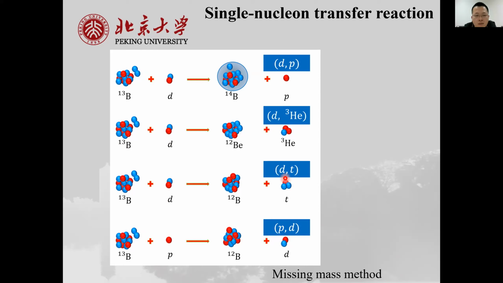This is some of the single-nucleon transfer reactions that may happen in the experiment. In the end, we chose the (p,d) reaction and the (d,helium-3) reaction to analyze the structure of boron-13, and all the energy spectra and differential cross sections were analyzed with the light particles, that is the helium-3 and the deuteron.